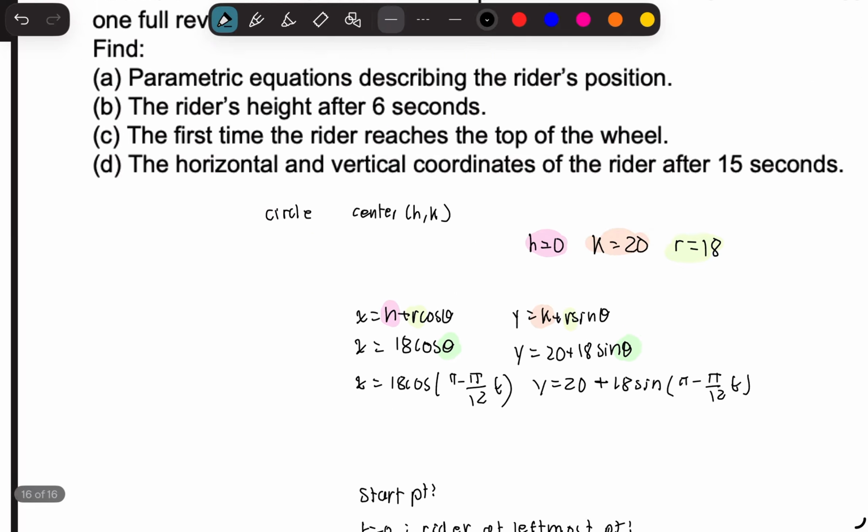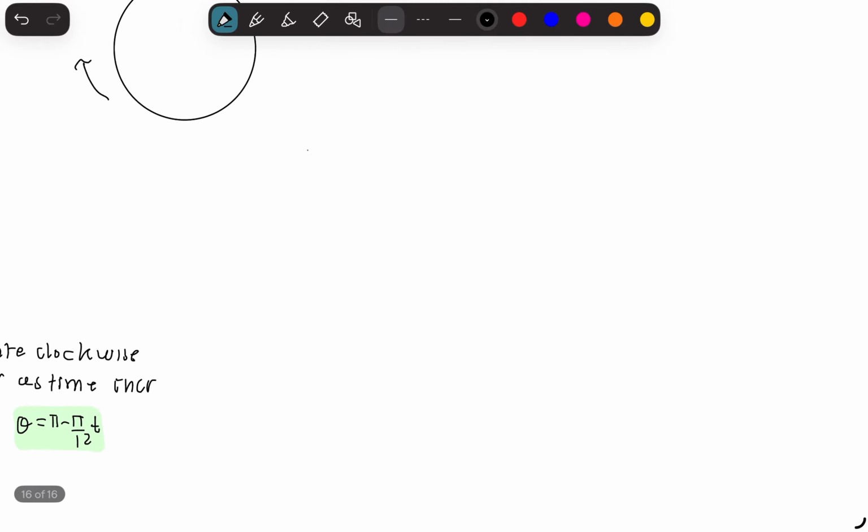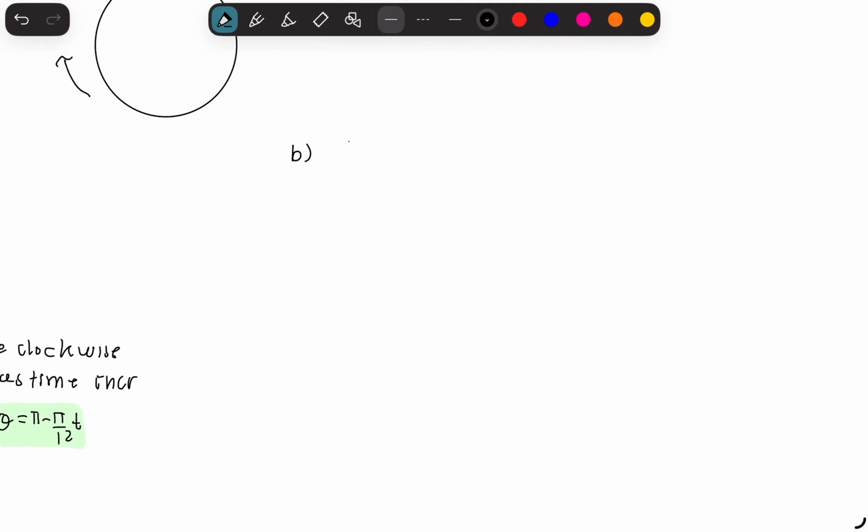Now, after this, we need our height after 6 seconds. So this is part B. Our height after 6 seconds: y is what we're going to have to find, your y coordinate, which is your height. So 20 plus 18 sine of (pi minus pi over 12 times t).